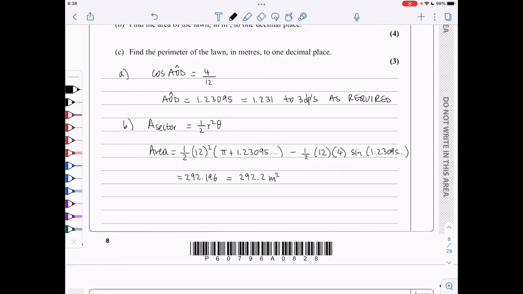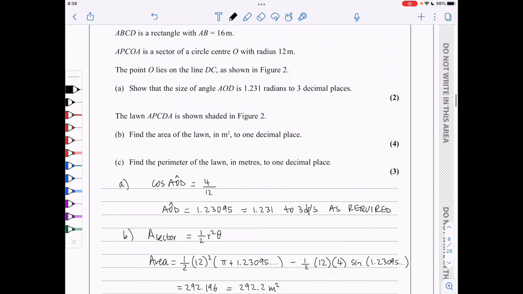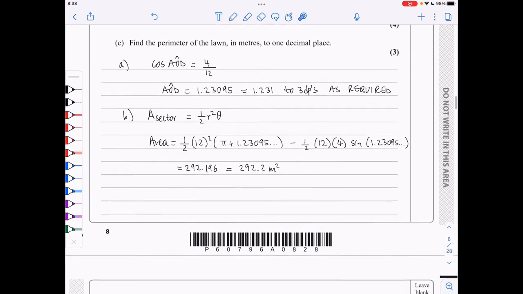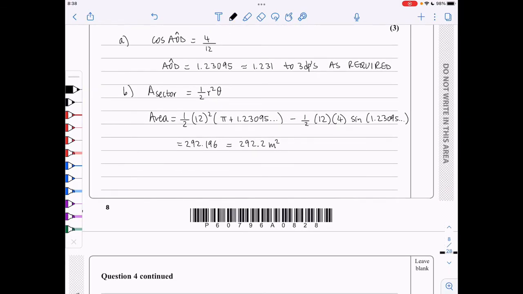Part C, find the perimeter of the lawn in meters to 1 decimal place. So the perimeter will be the length of the arc plus the straight line part here and the straight line part here. So I will start off by finding AD, this one here, which is just Pythagoras theorem. So AD will be the square root of 12 squared minus 4 squared, and this is equal to 8 root 2.